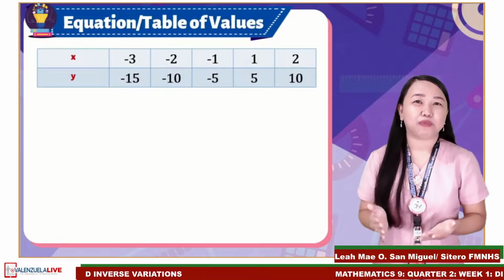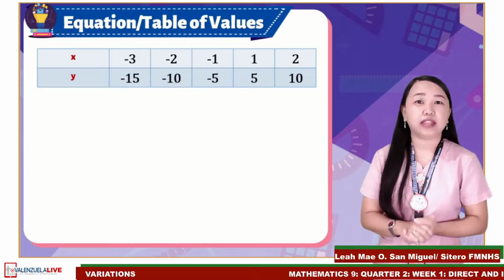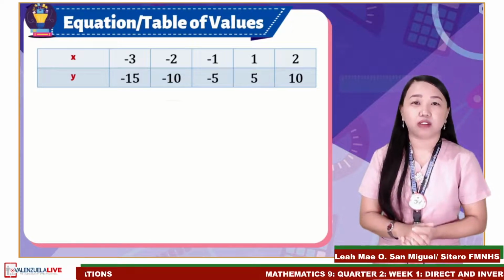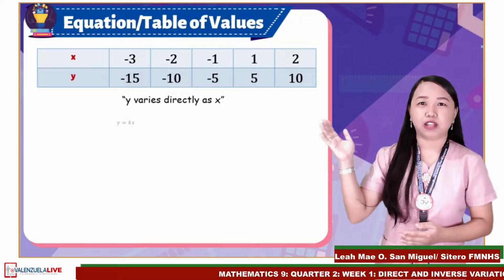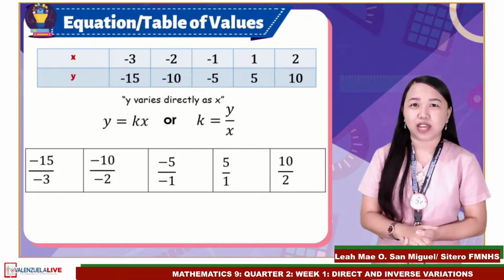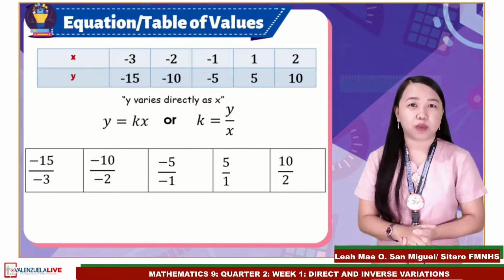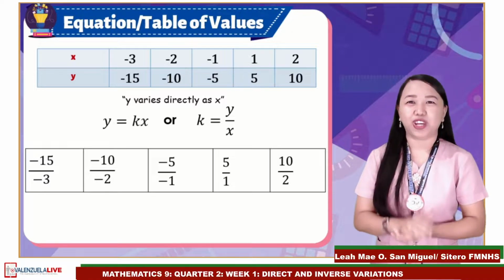Now, let me present another example of a table of values and a graph that represents direct variation. Here is the table of values. What is the equation that represents the given table of values? Very good.